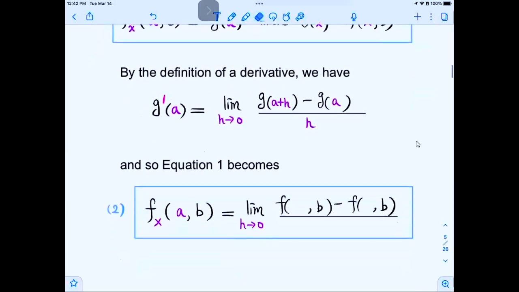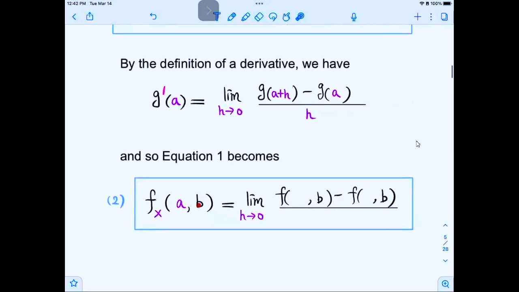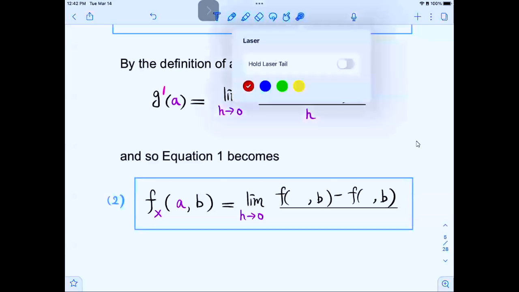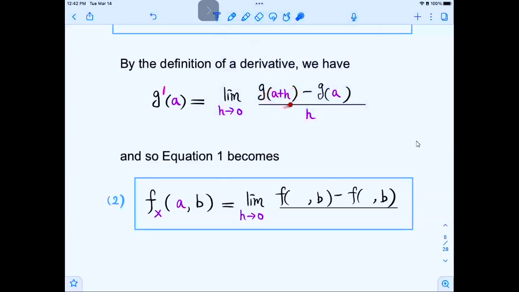Okay. And what is the g? The g over here is just the function f having the second component fixed to be b. So now all you have to do is just put this a plus h in the first component, this a here in this first component, and then over h. So this is the partial derivative of the function with respect to x at a comma b.